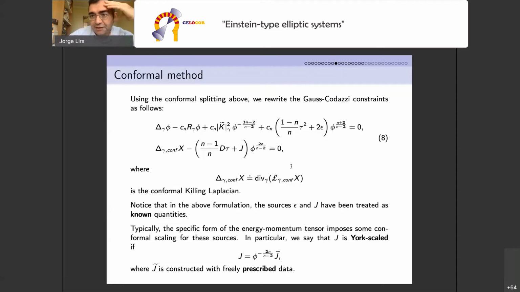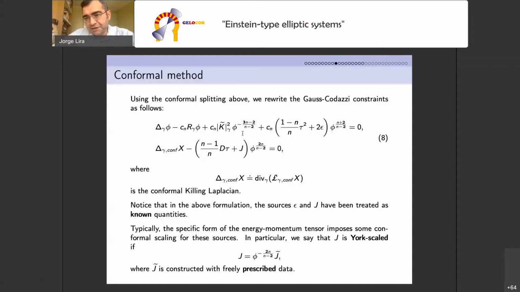So it's easier to solve the second equation in this more specific case. When you consider constant mean curvature in vacuum, this equation is decoupled from the first one. So it's possible to decouple this system and to solve equation by equation separately.